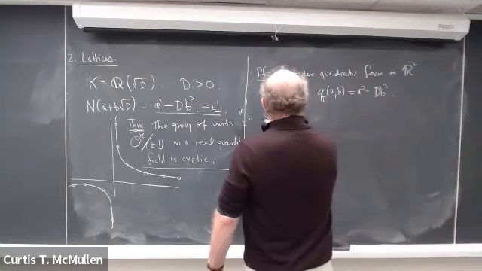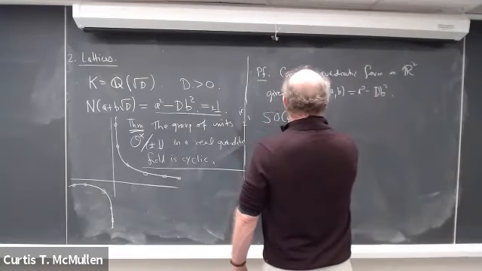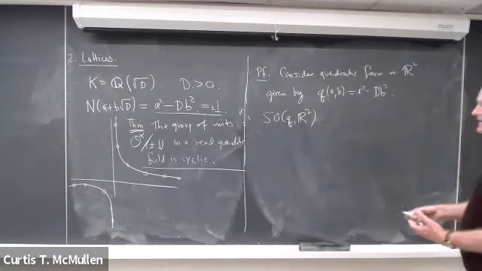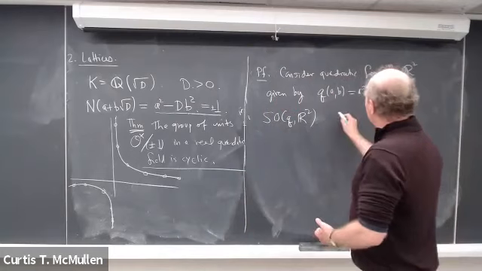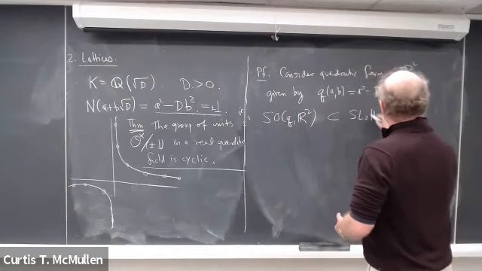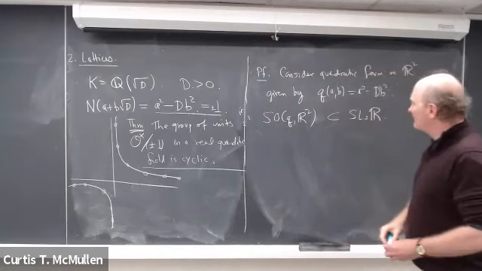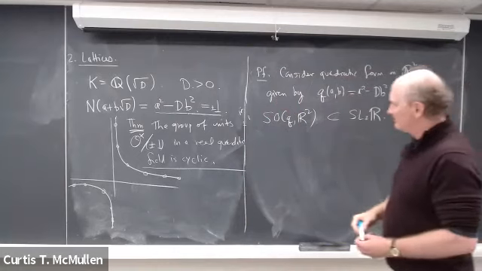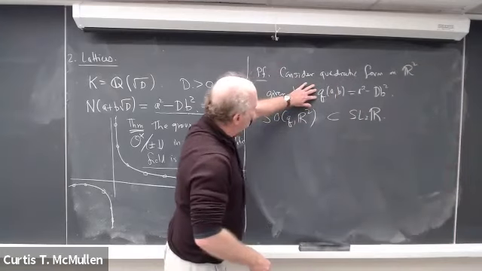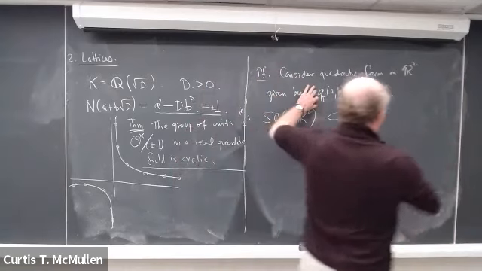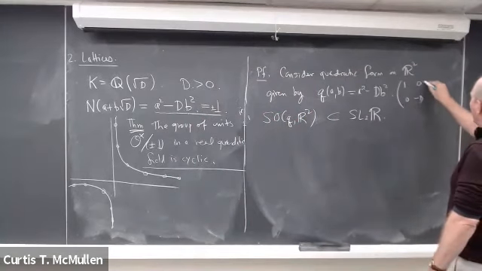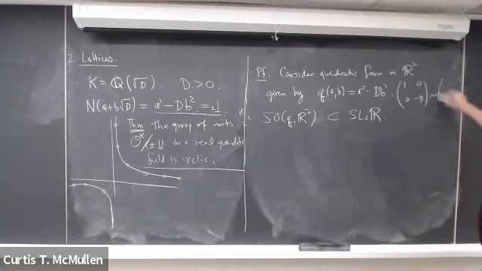Now the symmetries of this quadratic form on R2 look like what? By this I mean they're a subgroup of SL2R, the subgroup of automorphisms of R2 which preserve the values of this quadratic form. Well, this quadratic form over the real numbers, although it looks initially like a form like this, (1, 0; 0, minus d), is equivalent up to a change of coordinates to (1, 0; 0, minus 1).